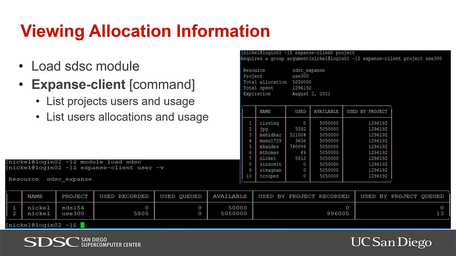When you use Expanse client project, you need to also specify the project that you want to view. This will show you who all is on the allocation, what has been used by each individual user, and what the total is available to all the users.